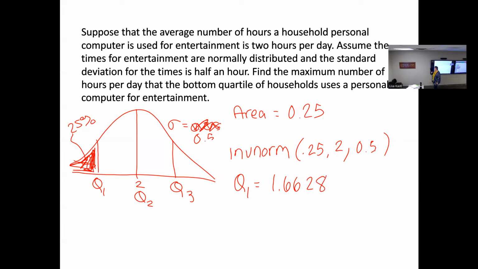So the value 1.6628 hours is the first quartile. Approximately 25% of my users are going to use their personal computer for entertainment 1.6628 hours or less. So that is my first quartile.